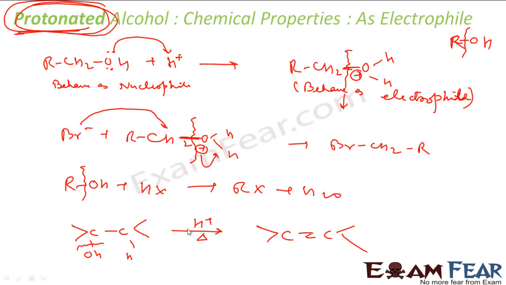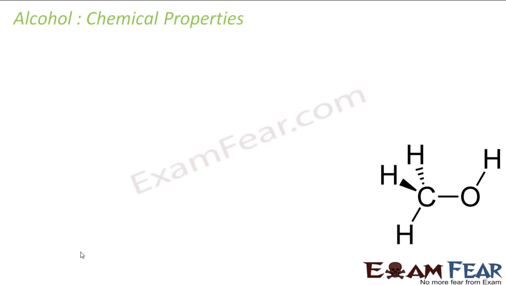The way it works, you must have seen the mechanism: H plus attacks here, water comes out, it becomes C plus, and then this H also comes out and it gives a double bond. So we have scenarios where the CO bond breaks and scenarios where the OH bond breaks. We'll understand these things in detail now.